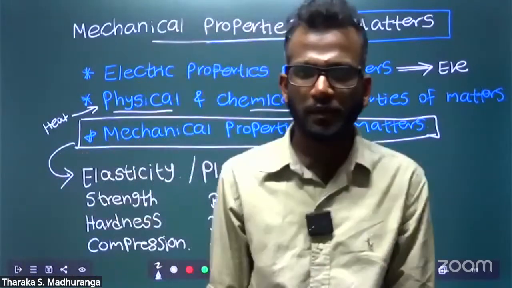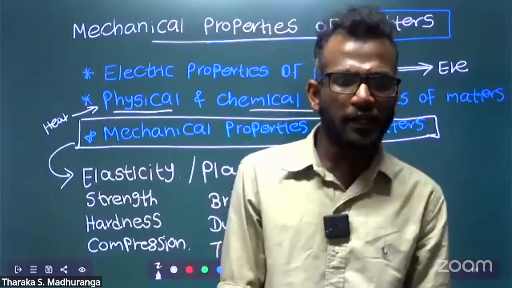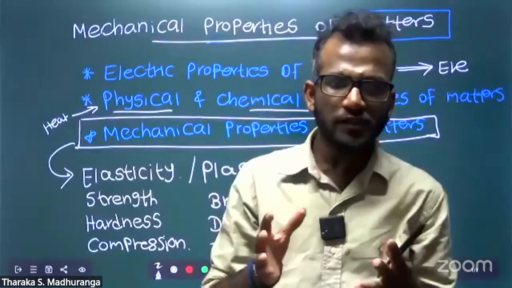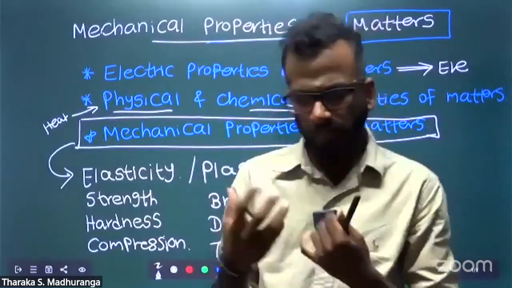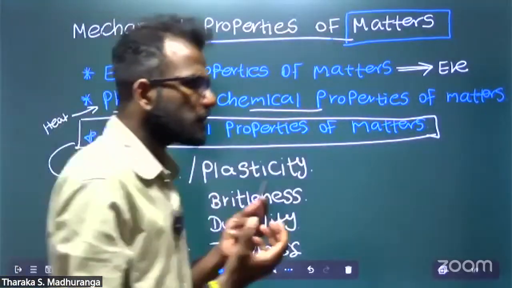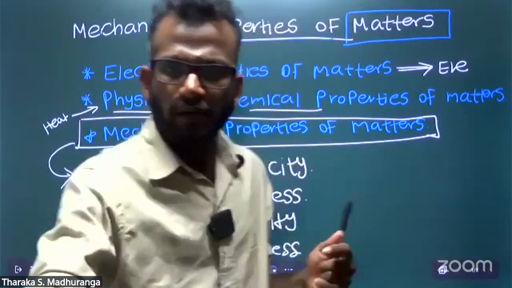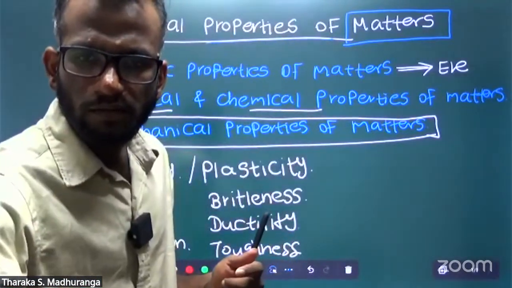Okay, there are more than 100 mechanical properties of matter that we can find. Simply, they are properties of matter, mechanical properties. What about malleability?